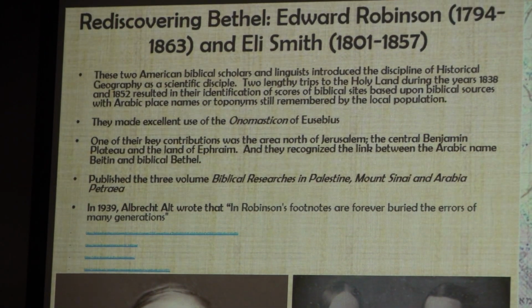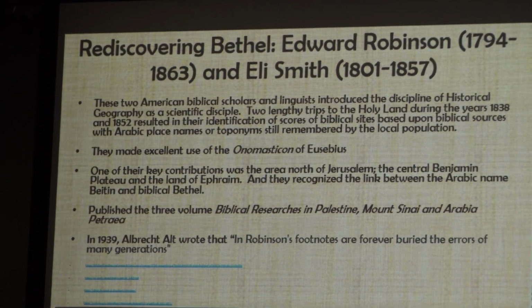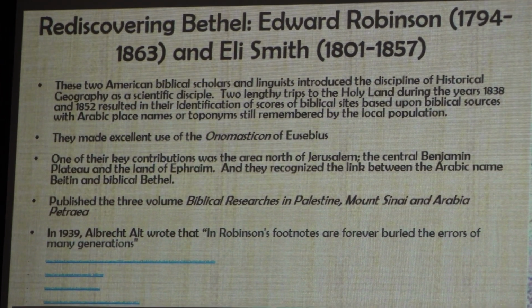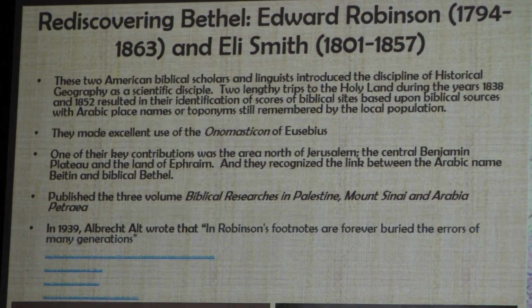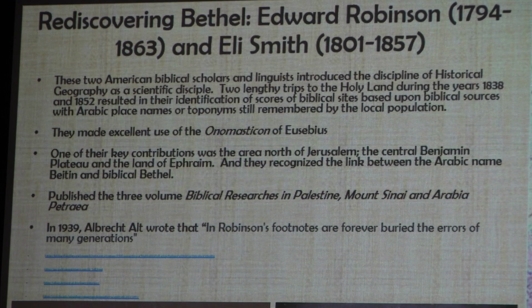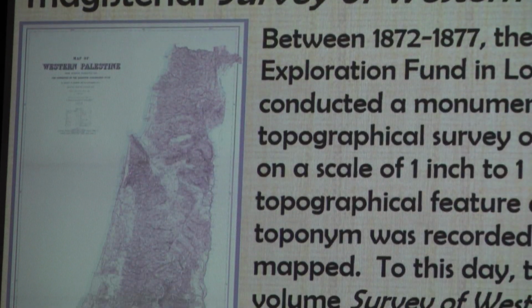And using ancient sources even at that time, the Onomasticon of Eusebius, which gave distances between biblical sites, again published in the 4th century AD, they recognized that Beitin has to be the site of biblical Bethel.